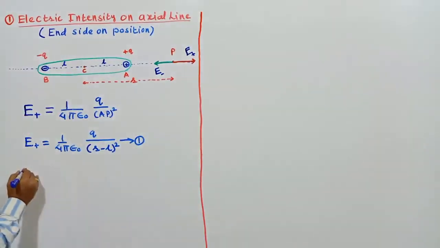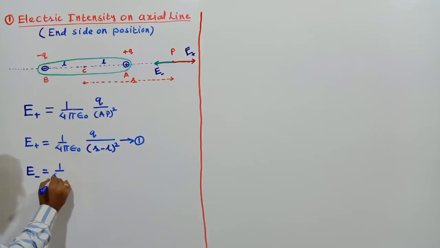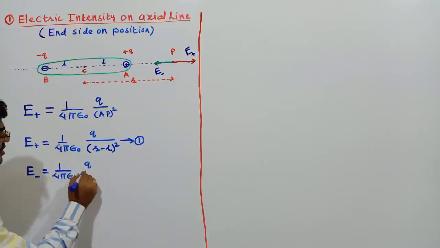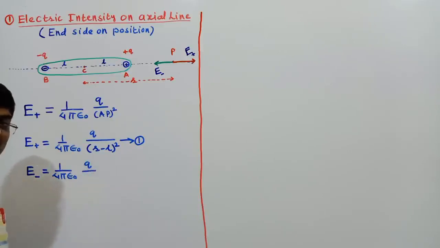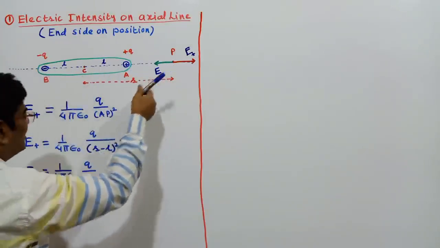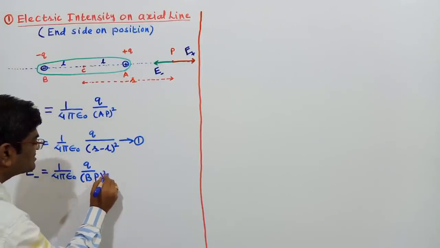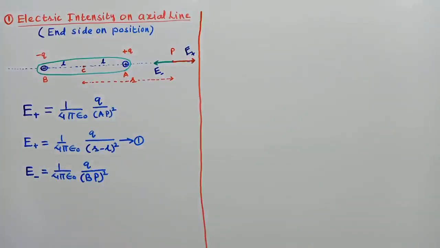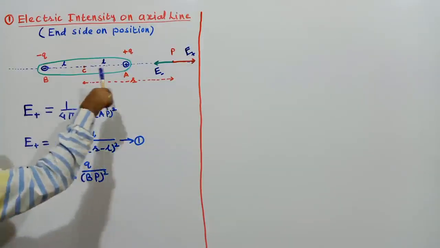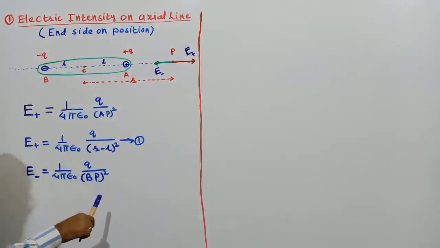And I get that E minus equals 1 upon 4 pi epsilon 0, Q minus, Q, don't write the magnitude only, divided by distance square. And how much is the distance? BP whole square. Simple thing. Electric intensity contributed by the negative charge, direction I have shown. Magnitude I am getting here. Can I substitute BP? Yes.